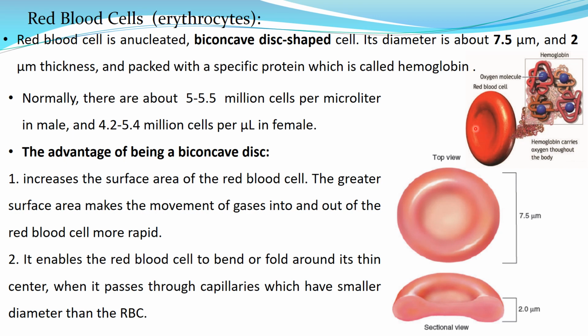Normally, there are about 5 to 5.5 million erythrocytes per microliter of blood in males, and about 4.2 to 5.4 million cells per microliter of blood in females.